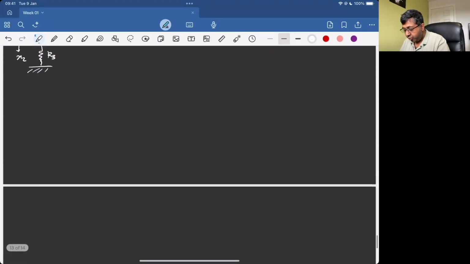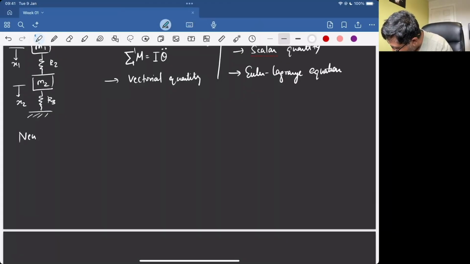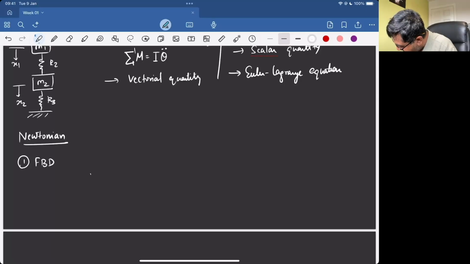So you already did the Newtonian method. What did you do? Let's say you took the equation of motion for mass 1. So let's say we start with the Newtonian method, right? You wrote the free body diagram. The first step was to write the free body diagram. So you took mass m1. I said there's a spring force acting on top, k1 x1. I said there's a spring force acting on the bottom.